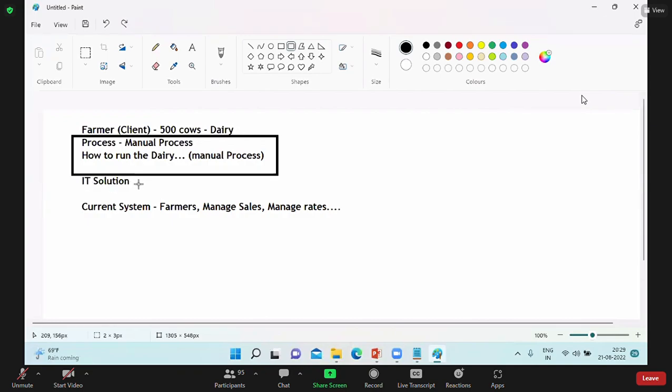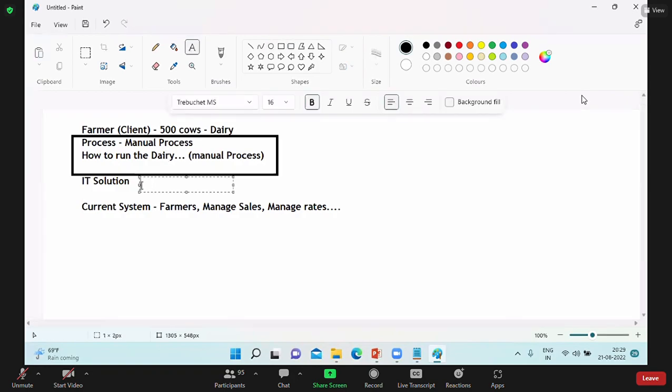So once he wants an IT solution, what will this guy do? He'll approach an expert, someone who has knowledge of this kind of IT solution. Generally, this can be someone from an IT company or an SME.